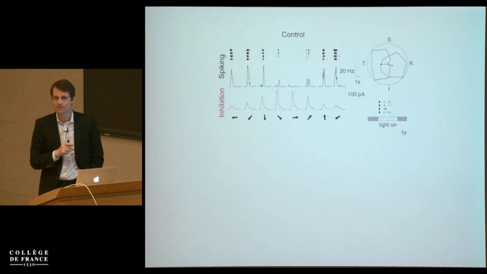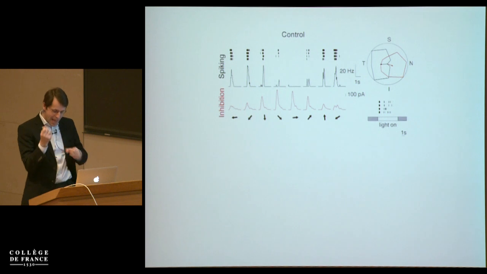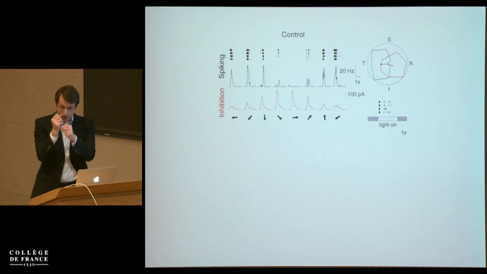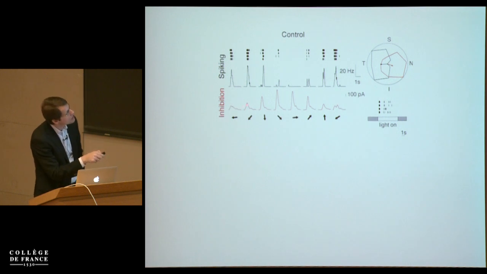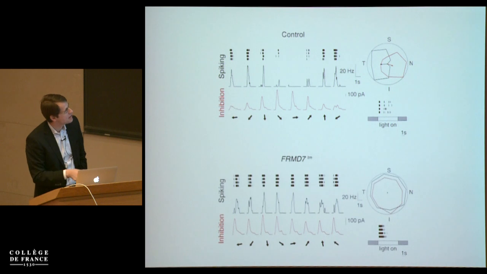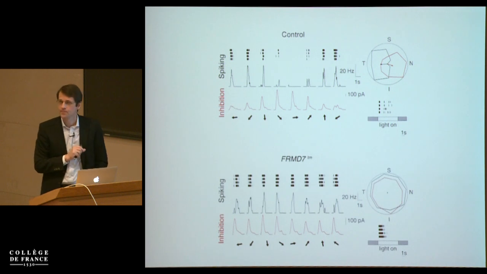So that's the only important slide here, that we have a technology to record from the direction selective cells what the starburst cells are telling them. And this is a normal direction selective cell. You see that it has an asymmetric inhibition. This is motion direction. When the motion is in this direction, there's a lot of inhibition, very little on this side. And in the disease, you see that the inhibition is coming from all directions.